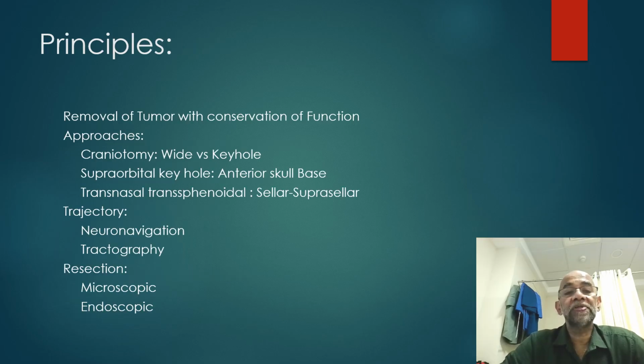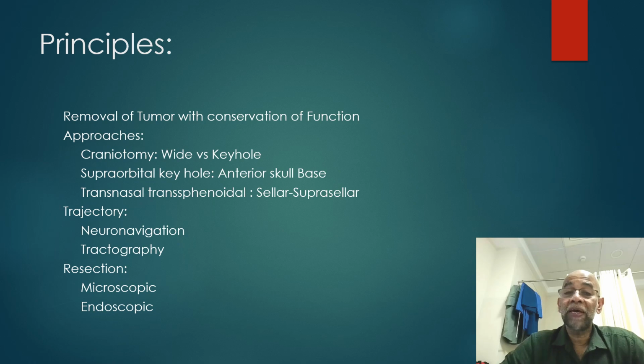What are the principles of brain tumor resection? The primary principle is to remove the tumor with conservation of function. What are the approaches? You need a craniotomy usually to remove a brain tumor.